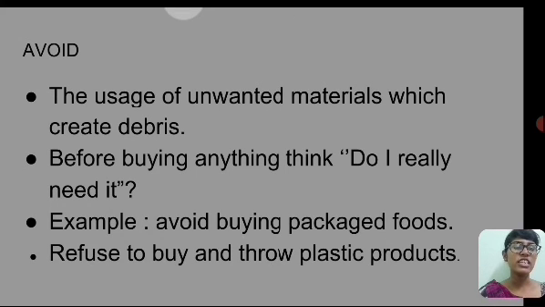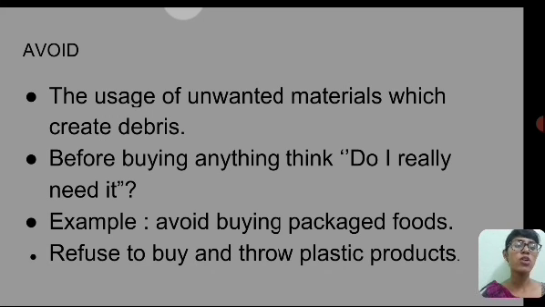First, we need to avoid certain things. We see what all things are to be avoided. The usage of unwanted materials which create debris. Like before buying anything, we should think, do I really need it? For example, if you're buying packaged foods, they will pack those foods in a package and give it to you in a plastic cover.